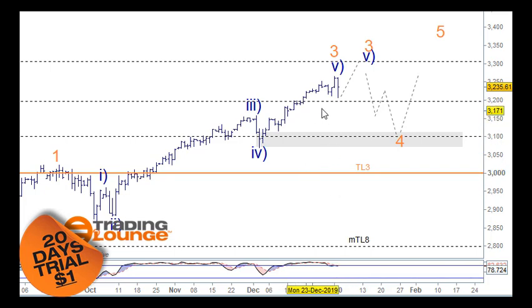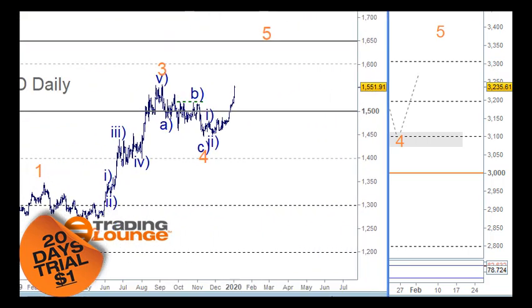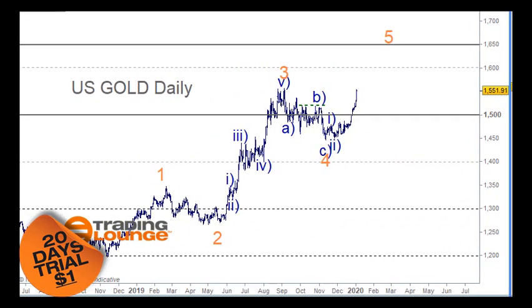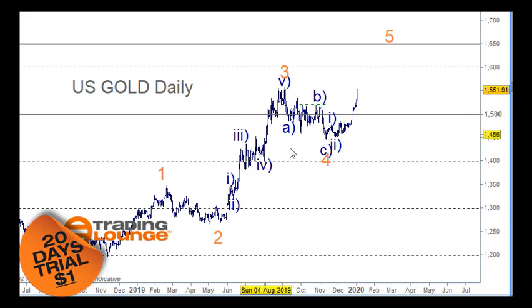There is pressure applied to this top now that we're seeing insecurity in the world, and that's reflecting back into gold as a positive indicator. As you may know, we've been looking at gold in terms of wave 1 and 2 on the daily chart, wave 3 here, wave 4 moving across the medium level, and then we'll see wave 5 push up to 1600, 1650, maybe a bit further.